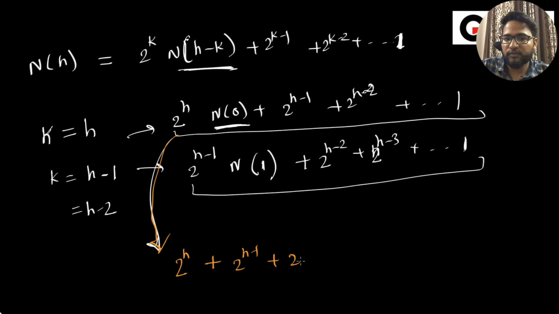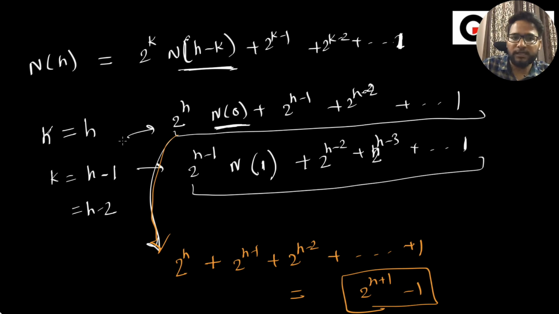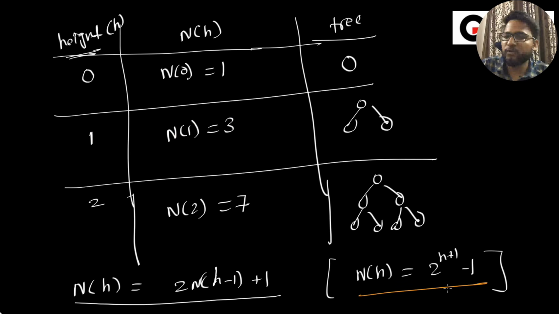So it will be 2 power h plus 2 power h minus 1, 2 power h minus 2, till 1. Then the whole summation is 2 power h plus 1 minus 1, isn't it? So finally you are getting n_h as 2 power h plus 1 minus 1. And earlier also we know that n_h is 2 power h plus 1 minus 1.